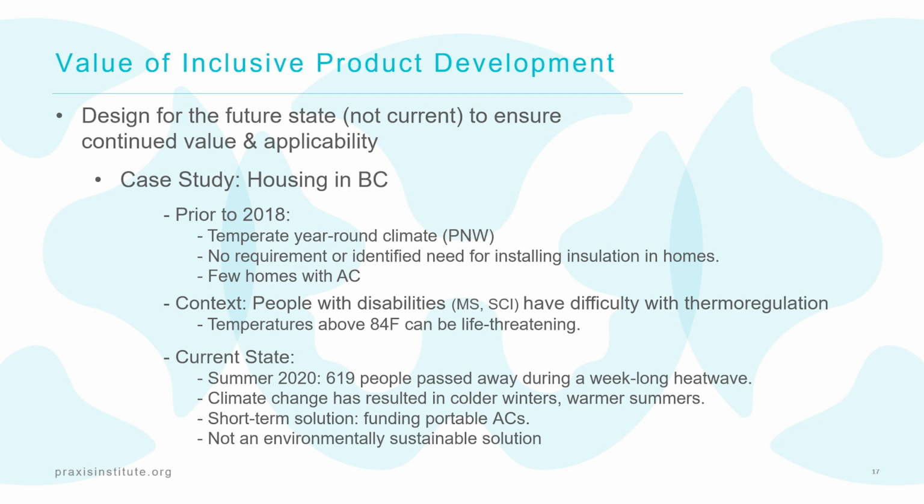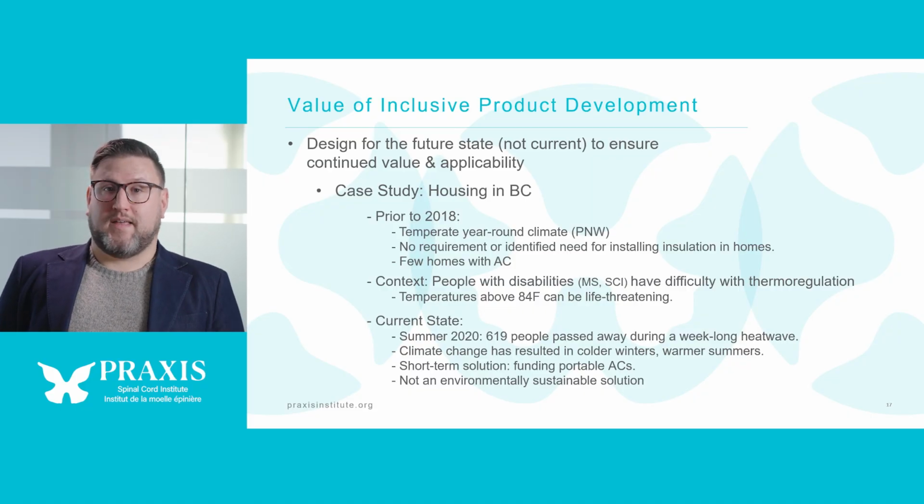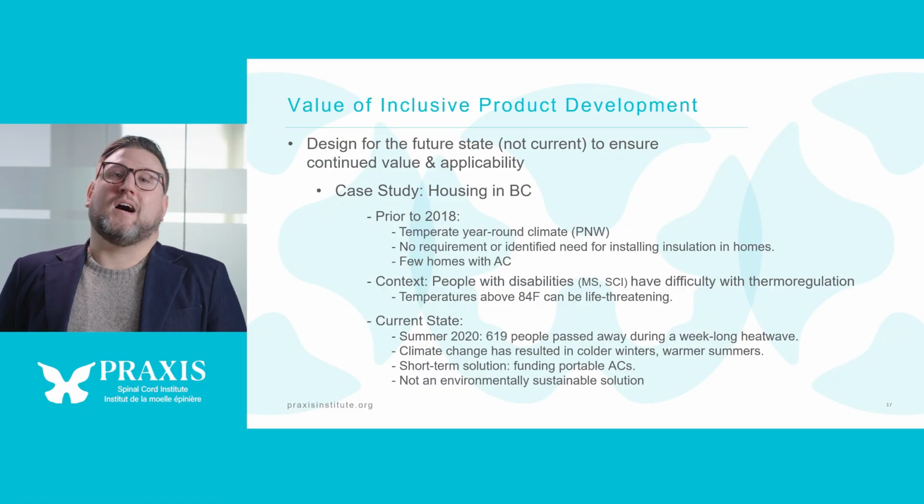The context from a health perspective is that individuals with disabilities, with spinal cord injury or with MS, among other disabilities, have difficulty with thermoregulation. They have impaired thermoregulatory systems within their body. So temperatures above 84 degrees Fahrenheit can become life-threatening, and that is not an exceedingly high temperature.